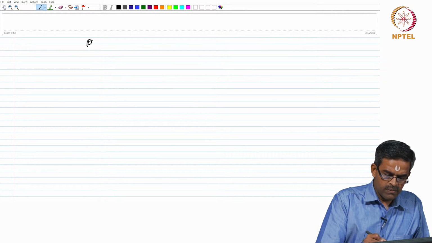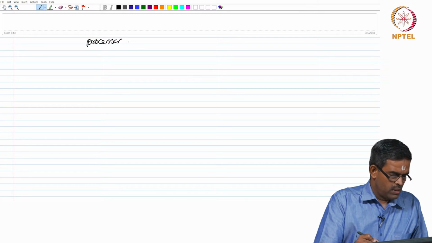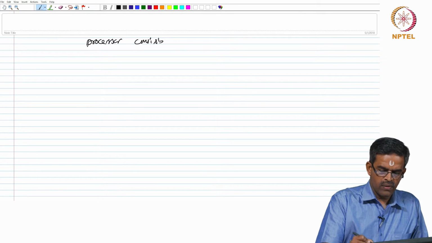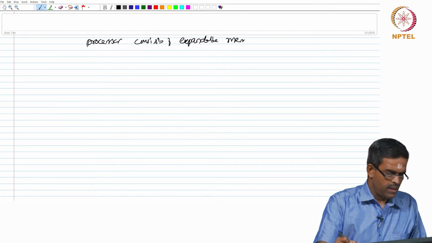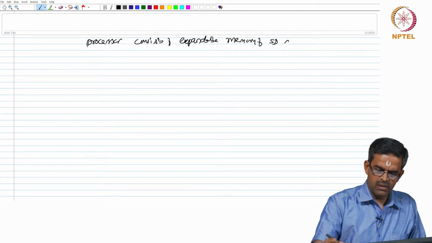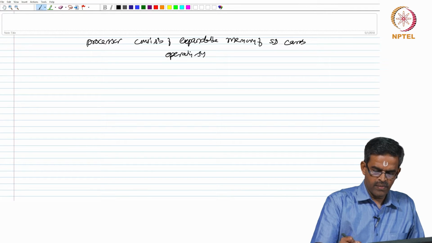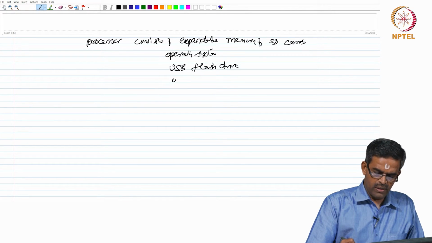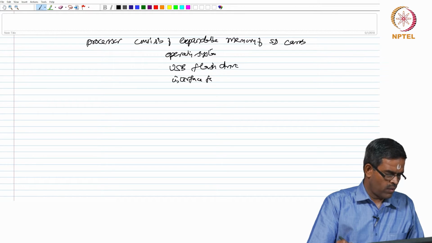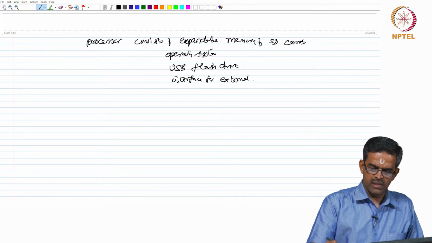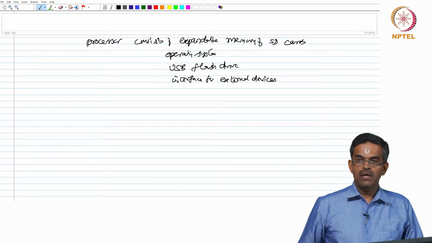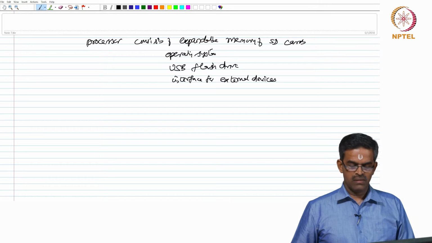Now, the processor being used consists of expandable memory of SD cards, operating system, USB flash drives, and interfaces for other external devices depending upon the number of pins required to access the processing unit.